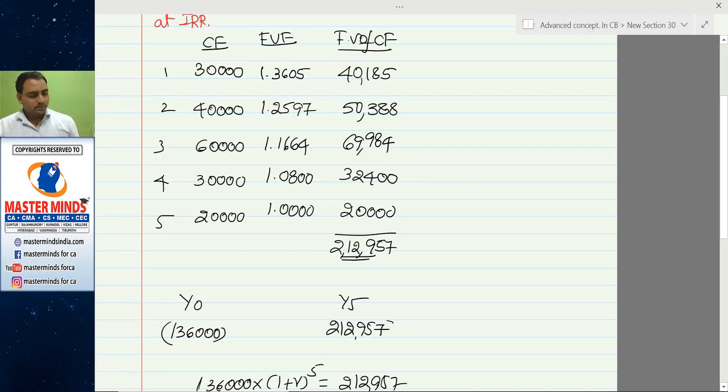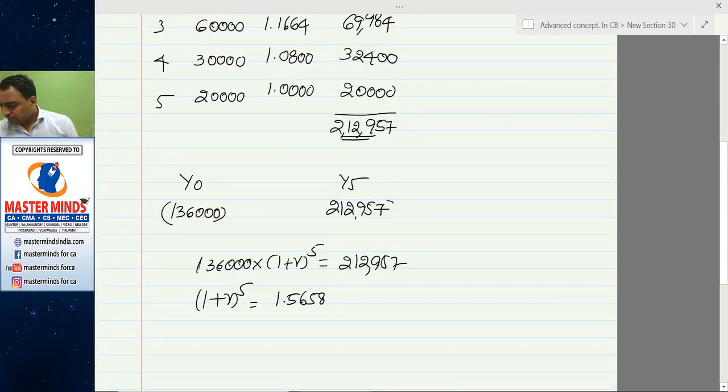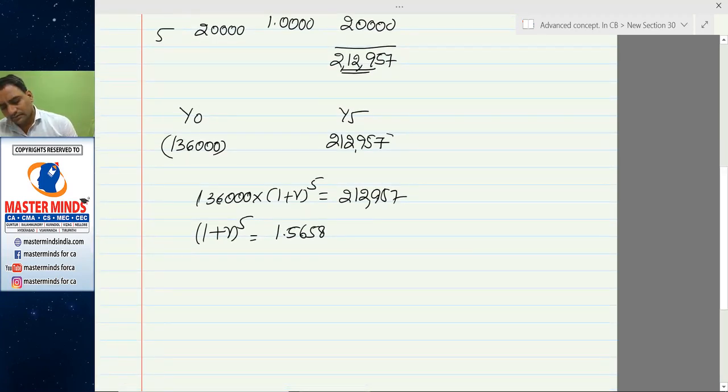Correct. Two lakh 12,957. Correct. Divided by 1,36,000. So that would be 1.5658. But they are giving it as a wrong answer.